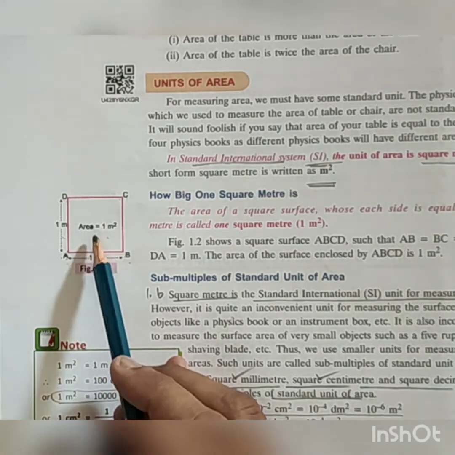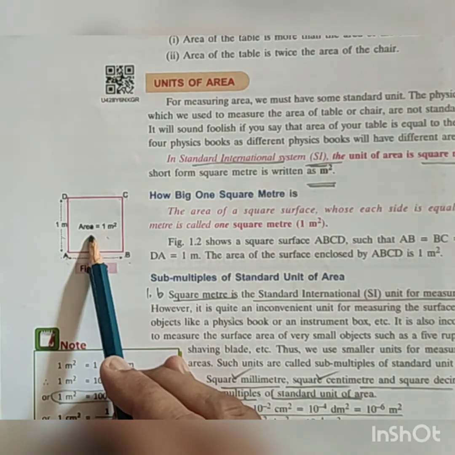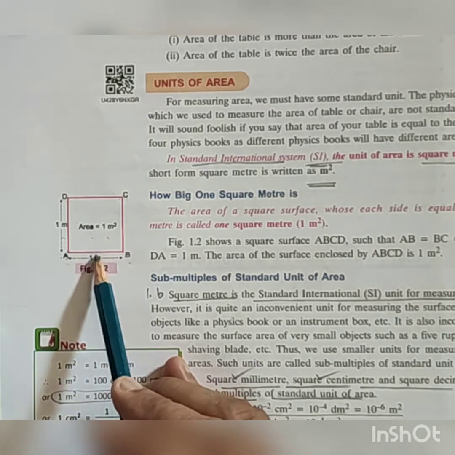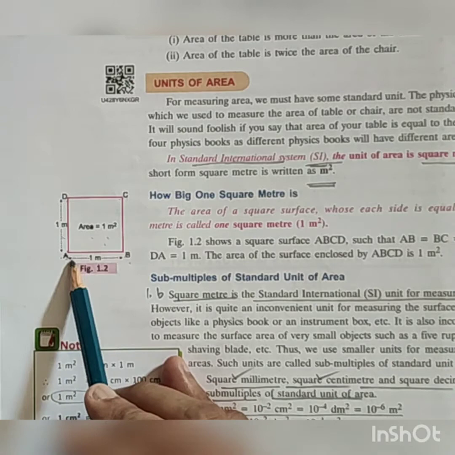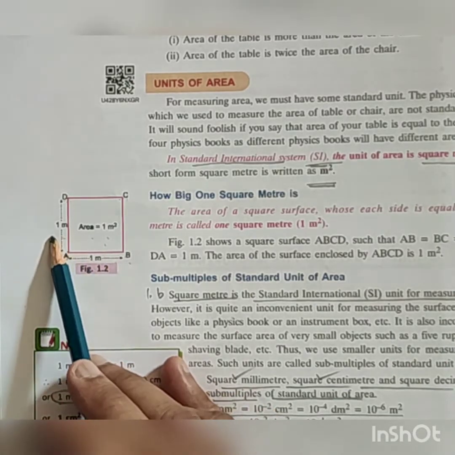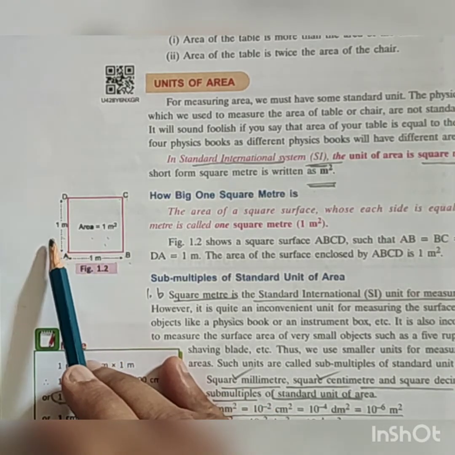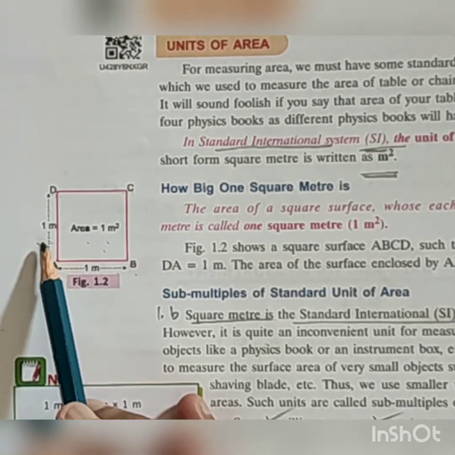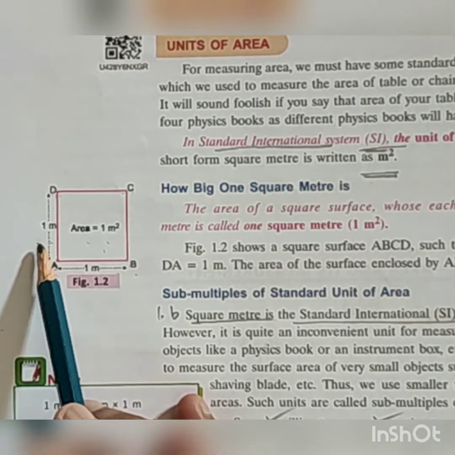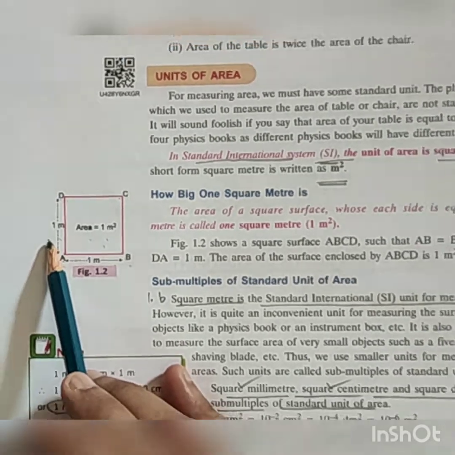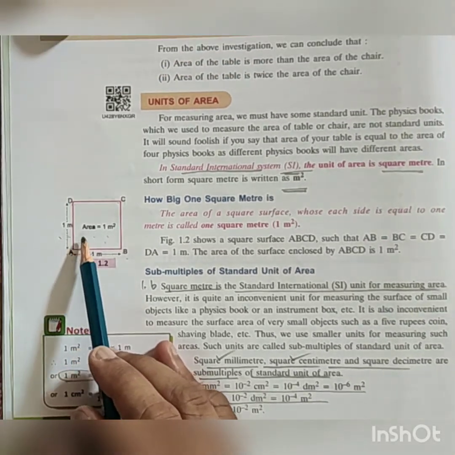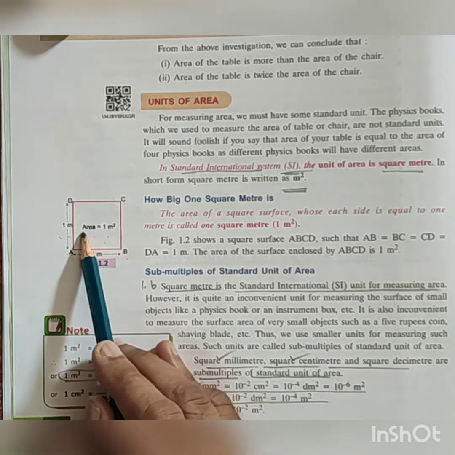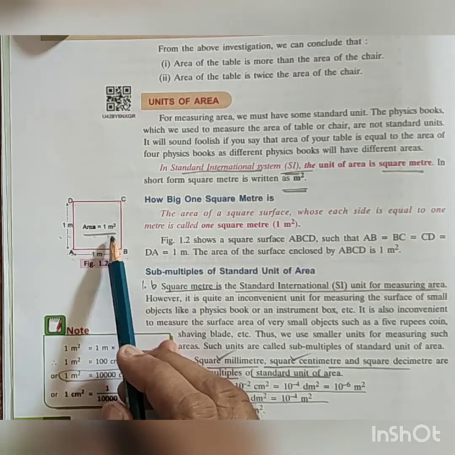You already know the formula of the area is length into breadth. So here length is 1 meter and breadth is 1 meter. So its area will be 1 into 1 equal to 1 meter square. So that's why it is written area is 1 meter square.